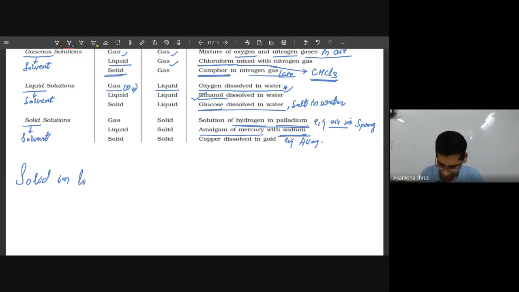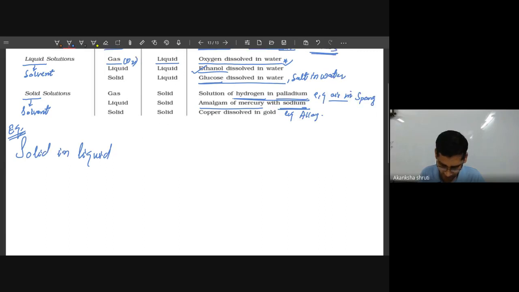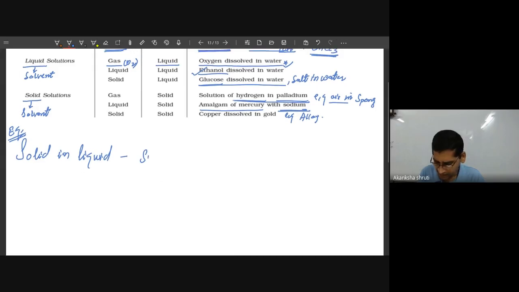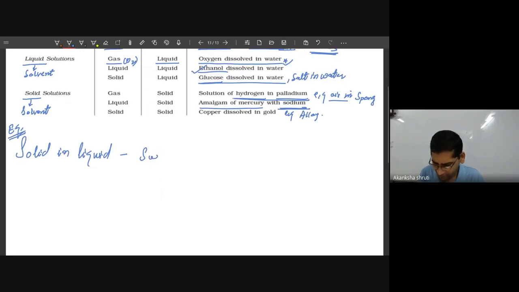So solid in liquid, the example I am writing, are those examples which are going to be asked most commonly in your academics. The example is sugar in water.